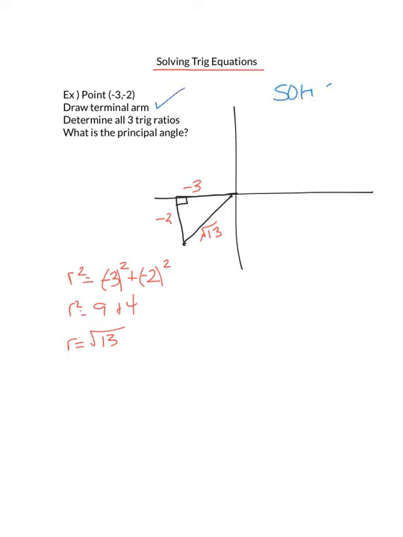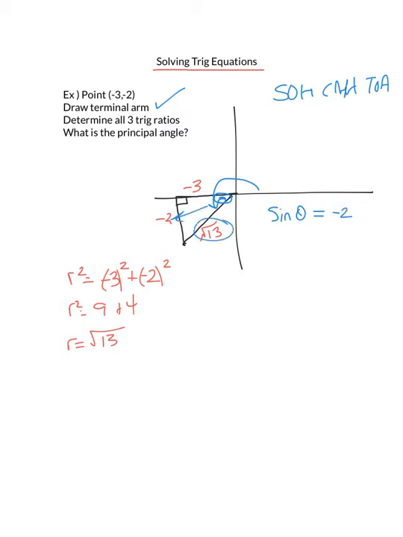So I'll just write SOHCAHTOA up here for you. So I've got sine of theta. Now remember, this is my theta right here. This is actually my whole theta, but we're using this for the triangle. So sine of theta is equal to opposite over hypotenuse.